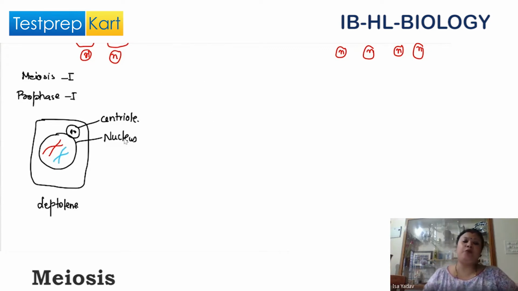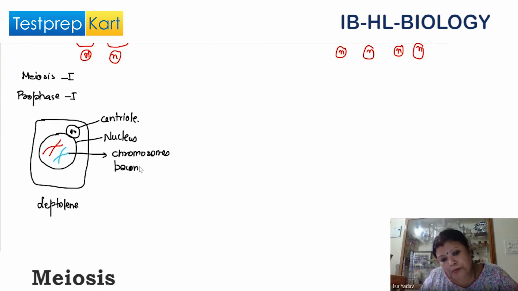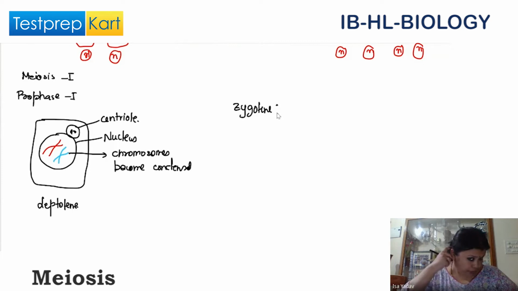In leptotene, you'll see the arrangement of the chromosomes. The chromosomes become condensed, and you can easily see them. The next stage is zygotene. Suppose, for example, the red chromosome comes from the mother and the blue comes from the father.